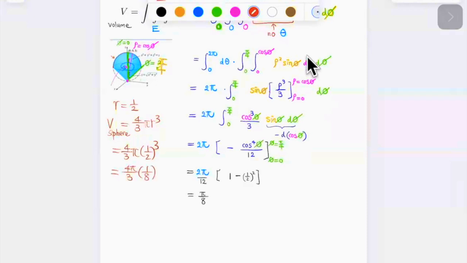So the total value for the sphere will be 4 over 3 times the value of this cone together with this half sphere. In other words, the volume of the solid we found is 3/4 of the volume of the sphere.